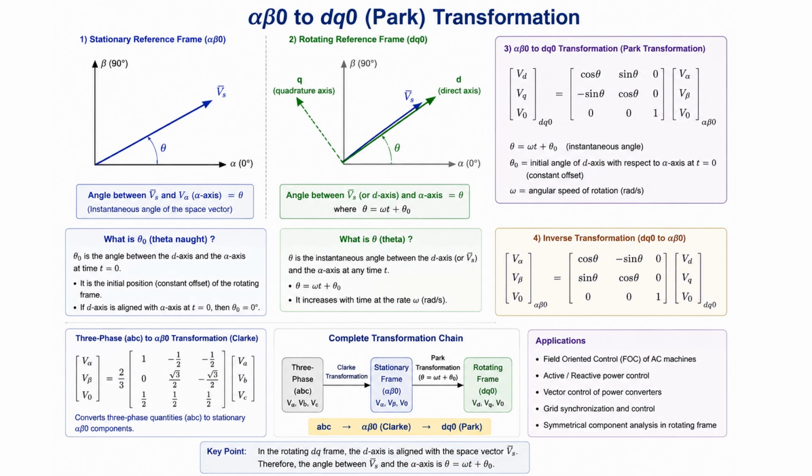Actually Vs is rotating at some speed, and DQ is also aligned to rotate with the same speed, so that this DQ vector will represent this Vs accurately.